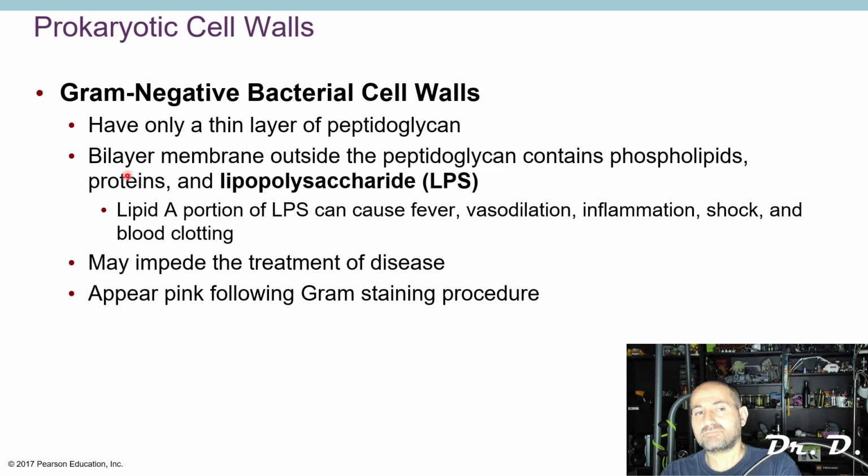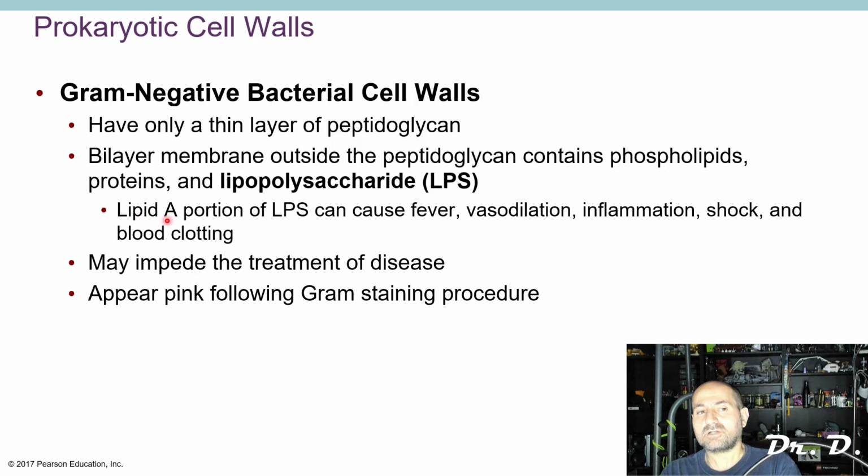There's actually a bilayer membrane outside of the peptidoglycan, which contains phospholipids, proteins, and an outer layer called the LPS, or lipopolysaccharide. The lipopolysaccharide contains a lipid portion called lipid A, and this is a very dangerous part of the cell.